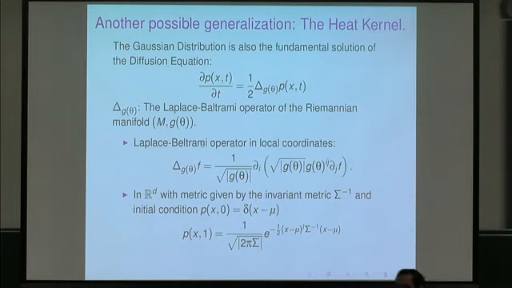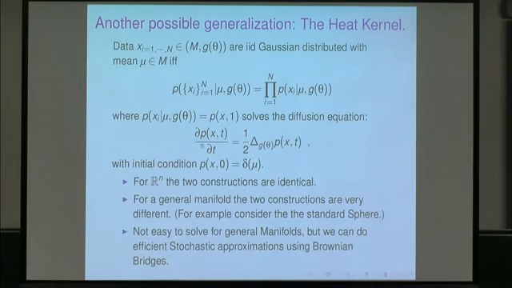It doesn't matter which way you think about your data coming from. So a lot of this is the differential geometry of R^n. But of course, on a manifold, the data is now identically distributed from the diffusion kernel at time point 1, with initial condition centered at your mean.